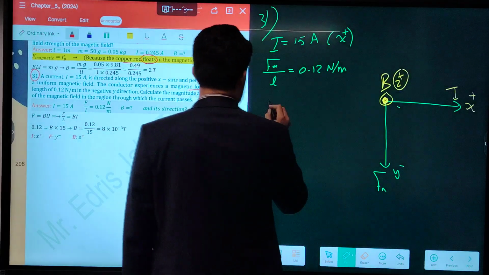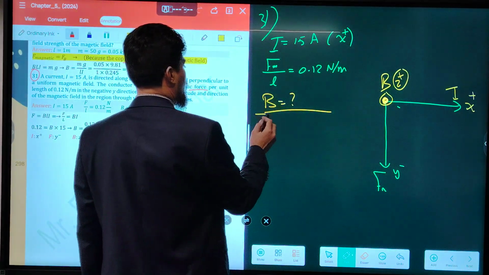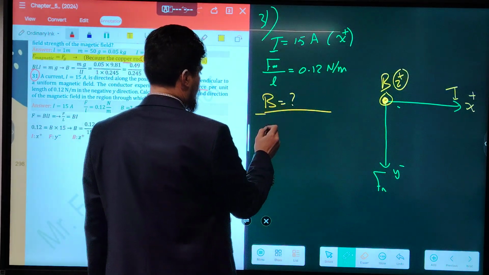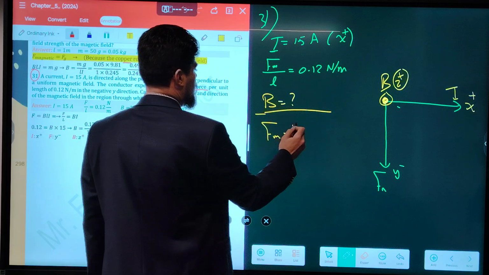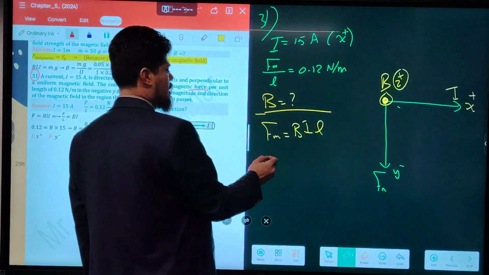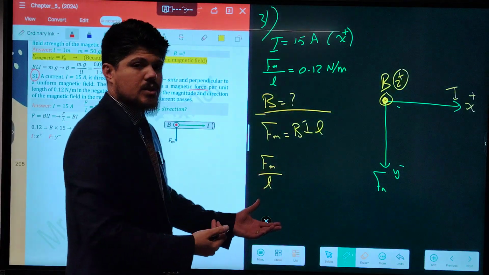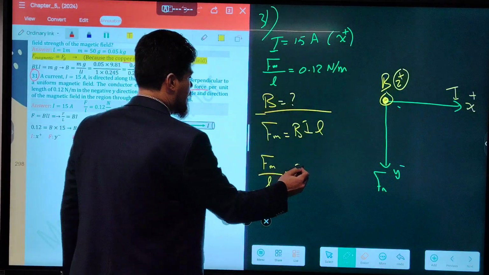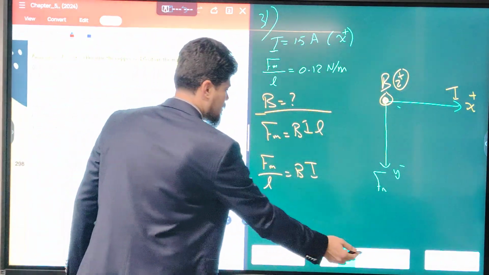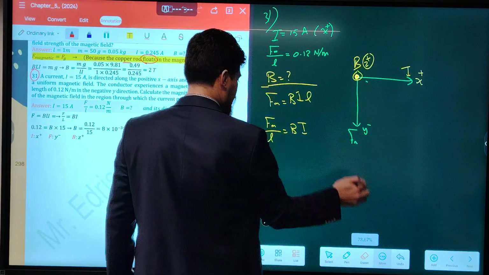We found its direction. Now we have to find its magnitude. The magnetic force is equal to BIL. Do we have L? No. We move L to the denominator of the magnetic force, Fm over L, and rearrange the equation according to basic math: B times I. Do we have Fm over L?